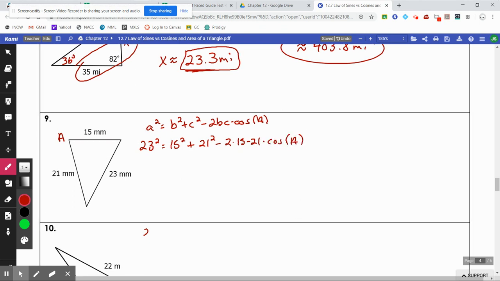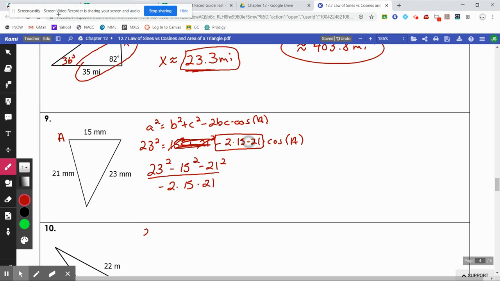A. Again, we move the 15 squared and 21 squared over by subtracting. So you now would have 23 squared minus 15 squared minus 21 squared. Now that you've got those gone, you would move these over, since those are being multiplied, you would divide by -2 times 15 times 21.